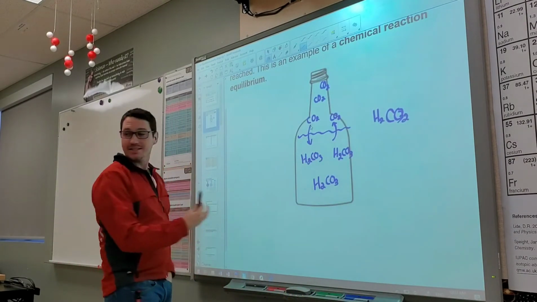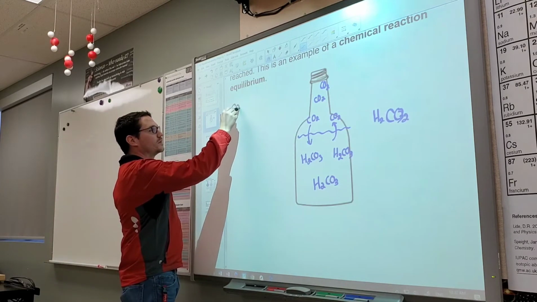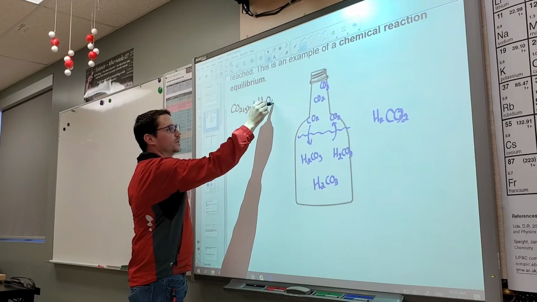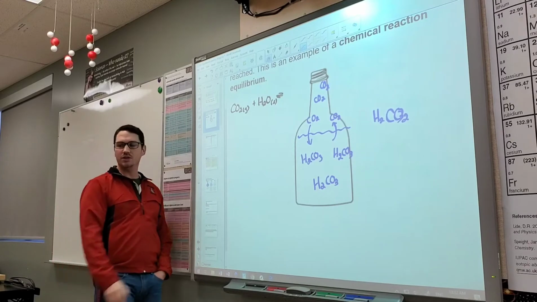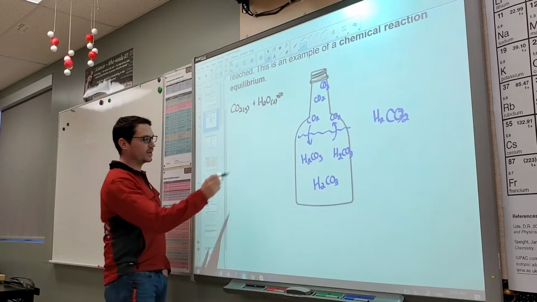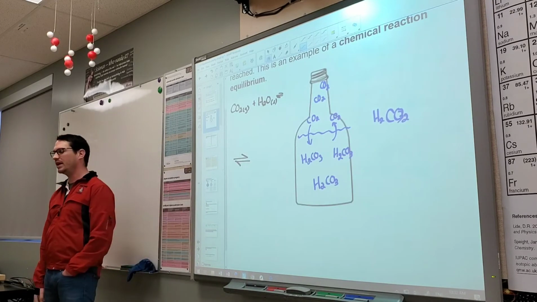We can express this using a chemical reaction. CO2 gas plus H2O liquid. And this is the first time we're going to use a double-headed arrow. You might have used this in Chemistry 20, depending on who your teacher was. That's the way we write our double-headed arrows.